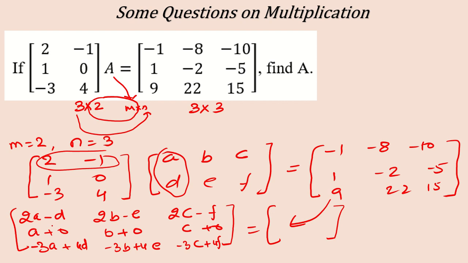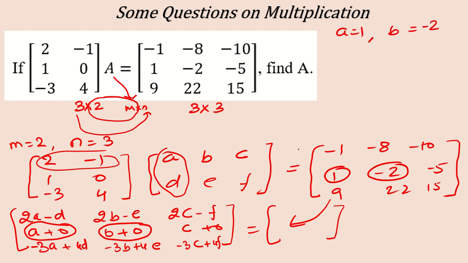Now compare the elements to get the answer. See, here you have only A and here you have 1. So A will be equal to 1. Here you have B and here you have minus 2. So B will be equal to minus 2. Here you have C and here you have minus 5. So C is equal to minus 5. See how easily we find these three values A, B, C. Now how to find D, E, F?